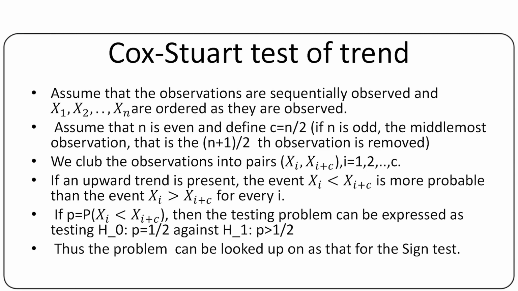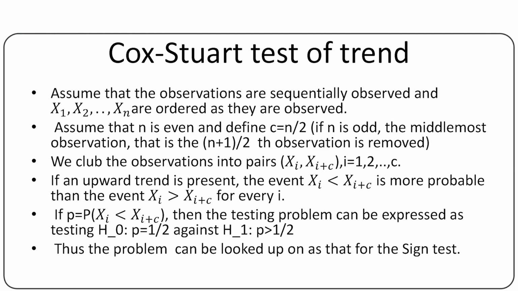Then the whole set of observations are divided into Xi, i from 1 to c and Xi, i from c plus 1 up to n. We club the observations into pairs Xi, Xi plus c, i from 1 to c. If an upward trend is present, then later observations are expected to be larger than the earlier observations.